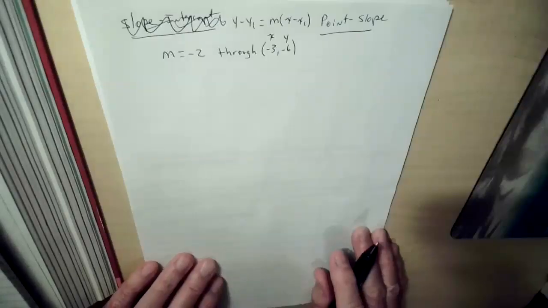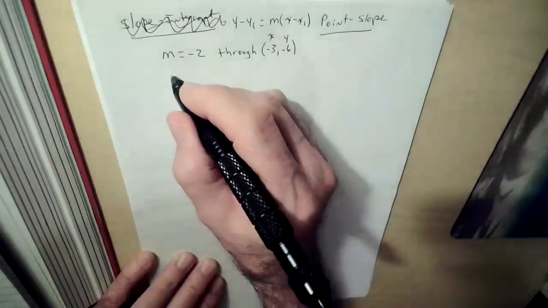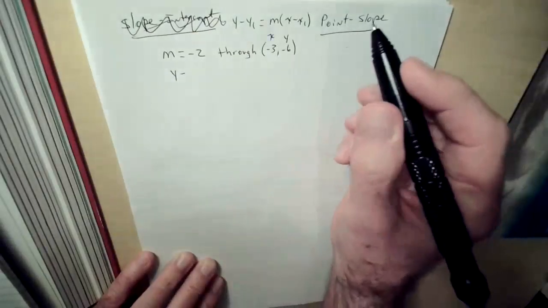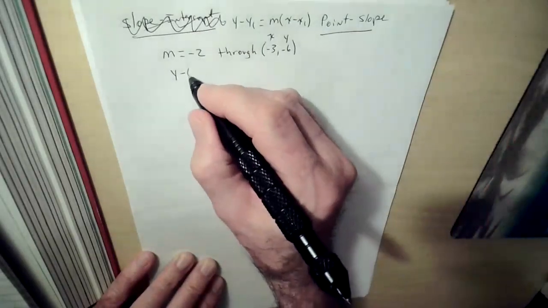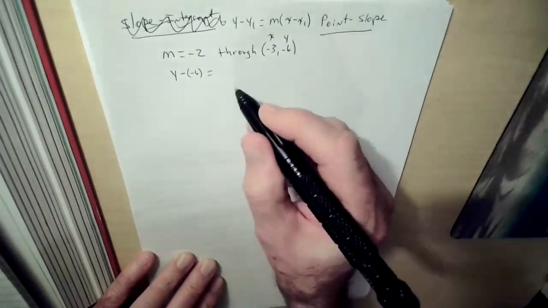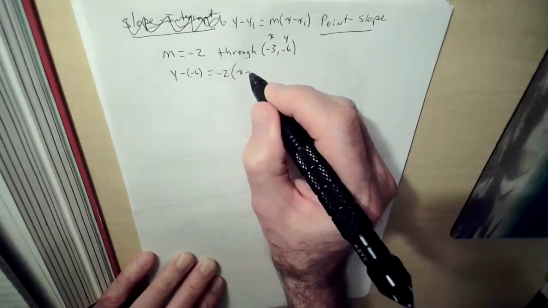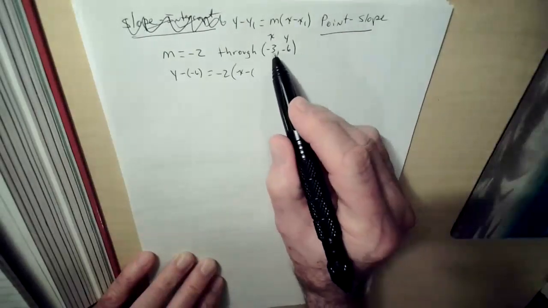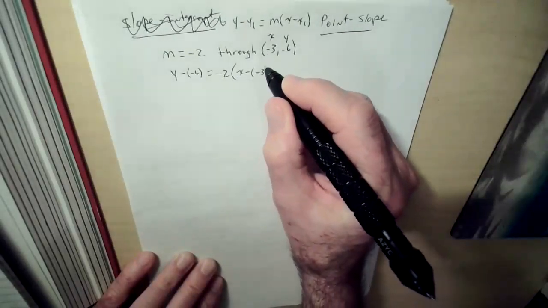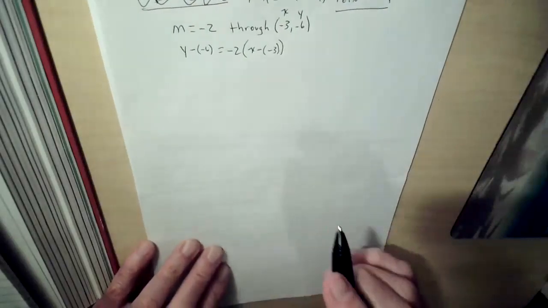Okay, so we have y minus y1, which is -6, equals m, which is -2, open x minus -3, closed.